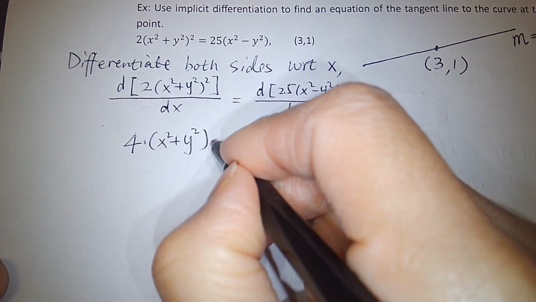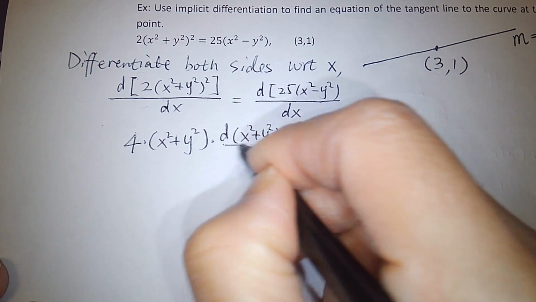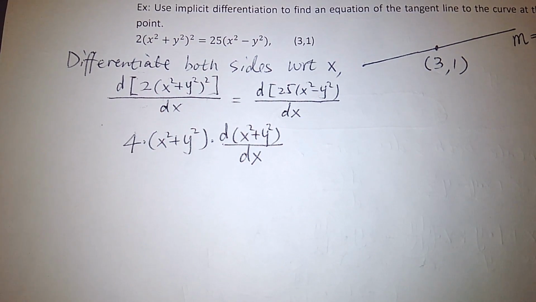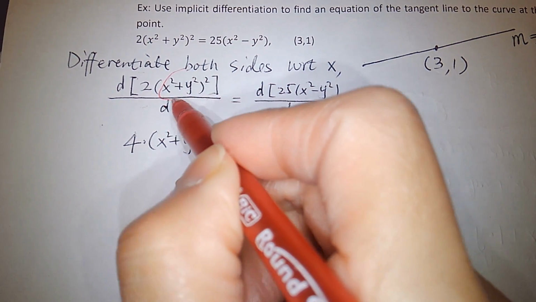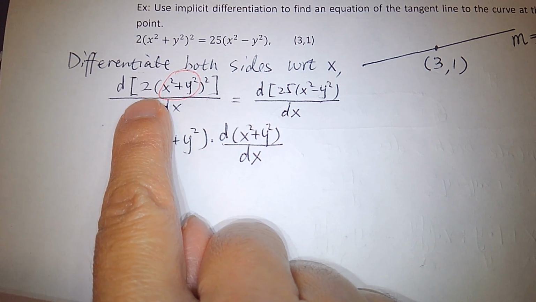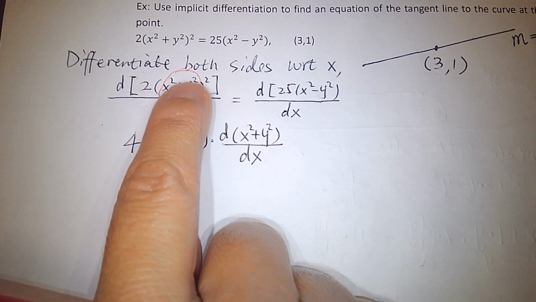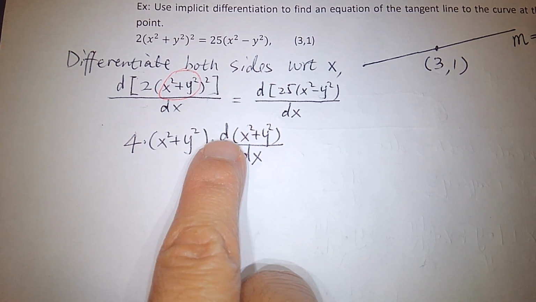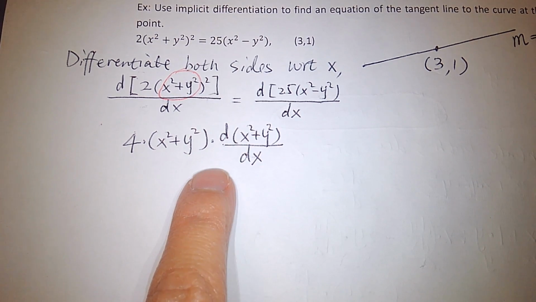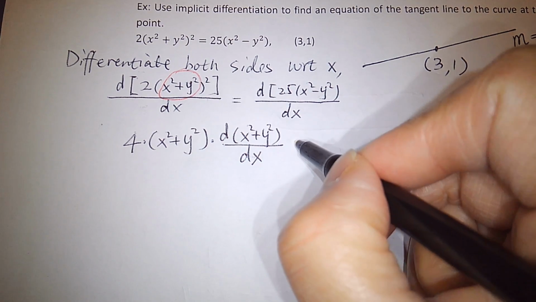By using the chain rule, we have to differentiate x squared plus y squared with respect to x. Consider this is our g of x, so 2 times g squared. By using the power rule, that gives us 4 times g, and then g prime, right? Got it?